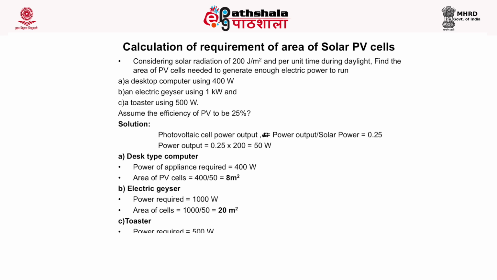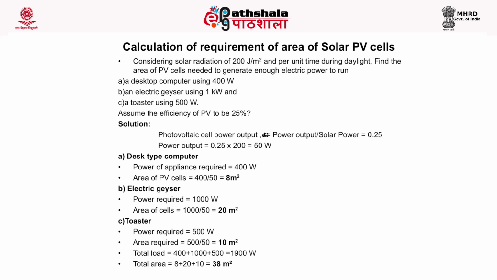So, the photovoltaic cell efficiency eta is equal to power output divided by solar power, that is 0.25, or 25%. They have already given the value of 200, so the actual power output is equal to 25% of 200, that is 50 watt.